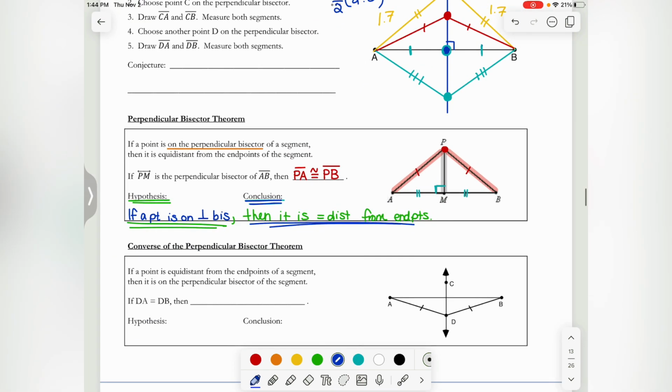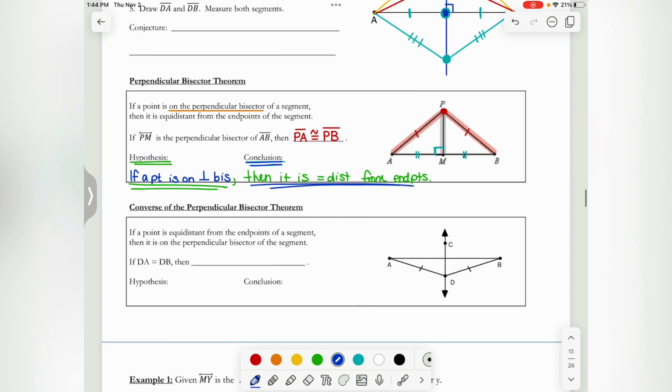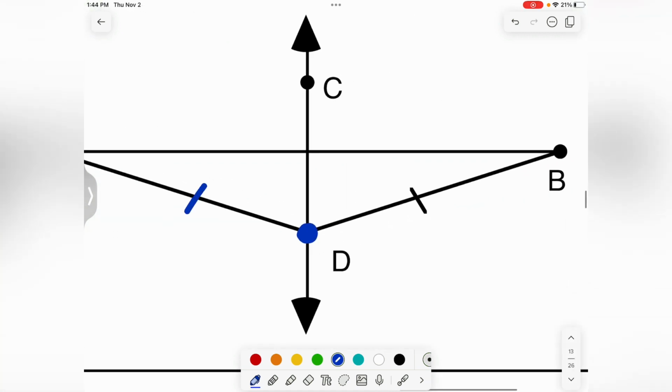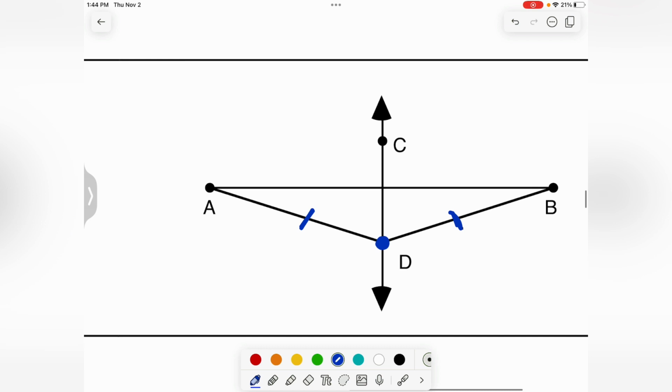Okay. The converse is also true. So if a point is equidistant from 2 endpoints, then the point lies on the perpendicular bisector. So if you know that these 2 segments are congruent, you are allowed to conclude, oh, so this must be the perpendicular bisector.